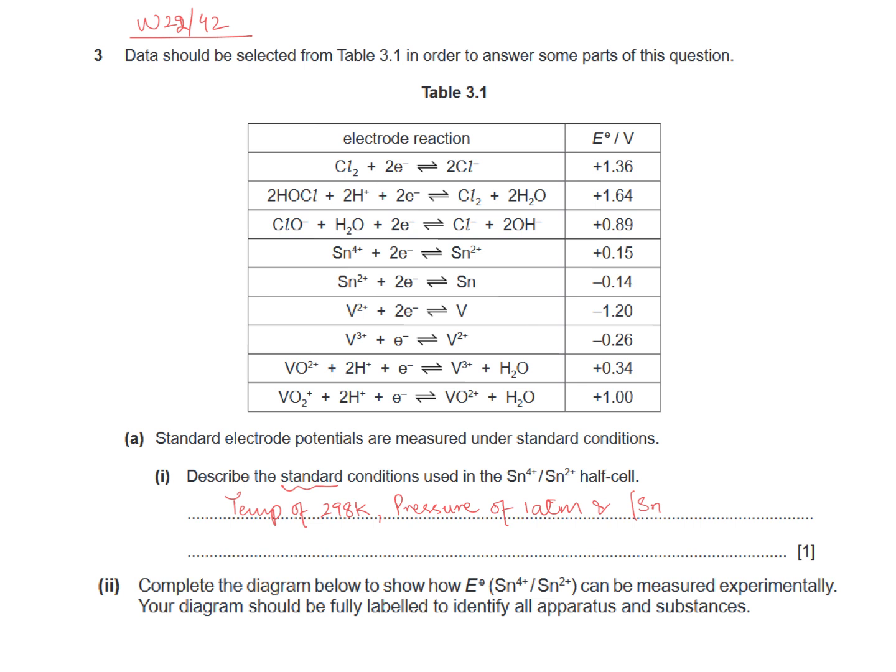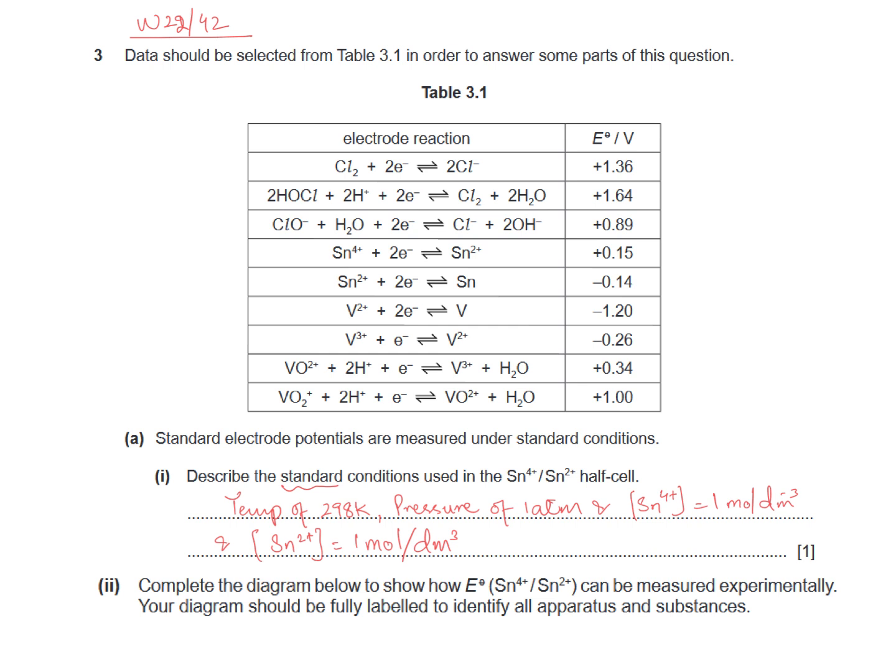So the concentration of Sn4+ is going to be 1 mole per dm cube, and the concentration of Sn2+ needs to be 1 mole per dm cube as well. Okay, so this is going to be for 1 mark. They're asking the standard conditions used in the Sn4+ and Sn2+ half cells.